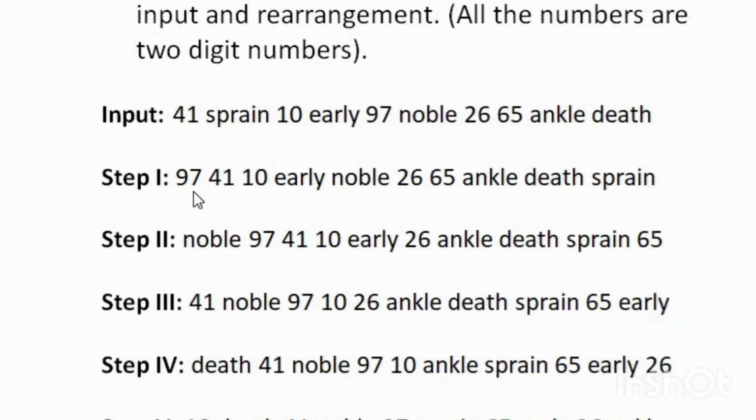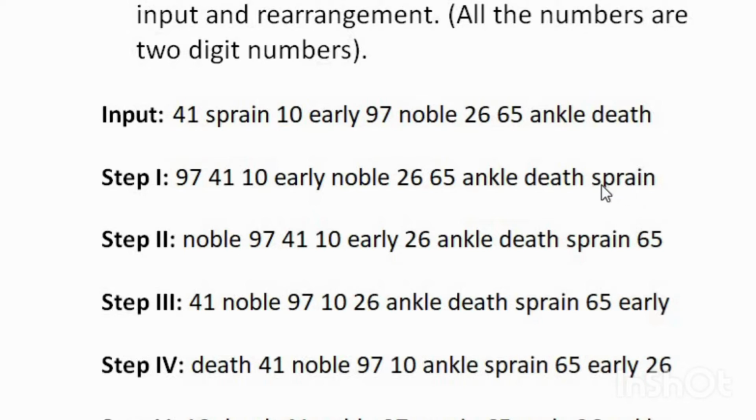Here in the first step they have written 97 and sprain. 97 on the left hand side and sprain on the right hand side, and the rest remains the same. That means they are changing, in each step, both the left hand side and the right hand side. On the left hand side they have written the largest number among these numbers, that is 97, and on the right hand side they have written the last word according to the English alphabet.